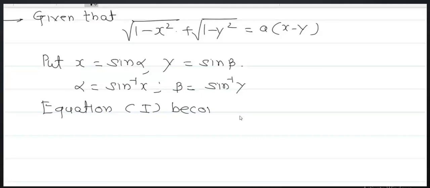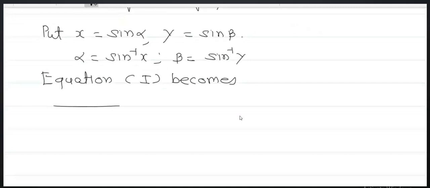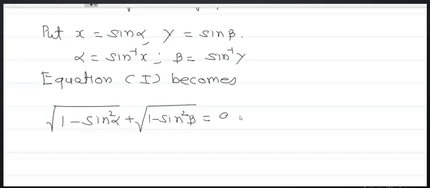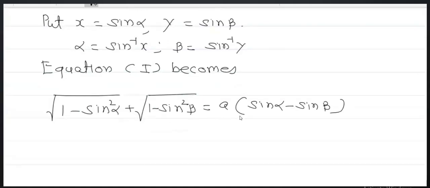Now the equation 1 becomes root of 1 minus sin square alpha plus root of 1 minus sin square beta is equal to a (sin alpha minus sin beta).